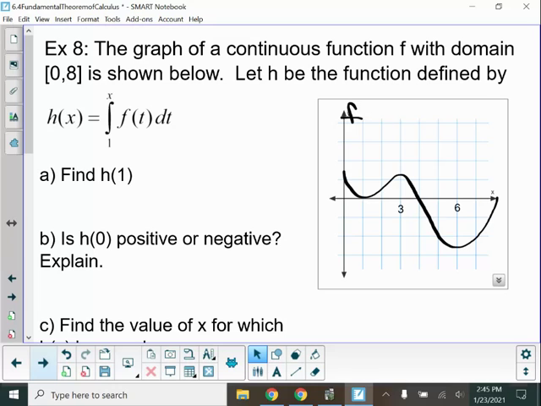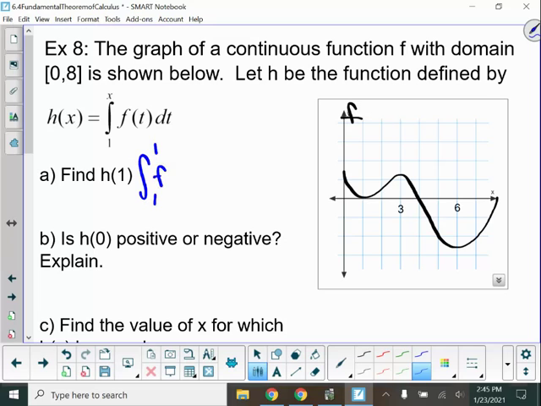So the first one, find h of 1. Well, it tells me up here what my h function is. So h of 1 would be the integral from 1 to 1 of f of t dt, and it doesn't even matter what f of t equals. Whenever you have the same bounds, that value is going to be 0, using what we know from 6.3.